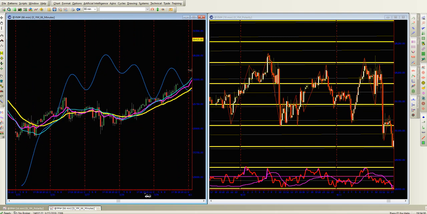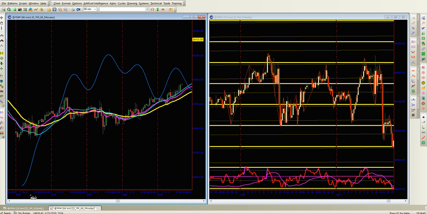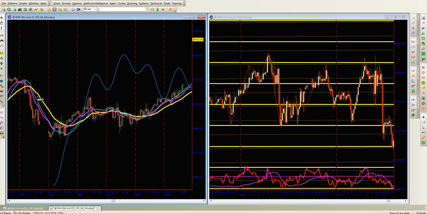So let's start on this day. You see this yellow line is basically your weighted moving average, and then there's the AMA and WMA. On this day, we want to trade in the direction where the lines are.